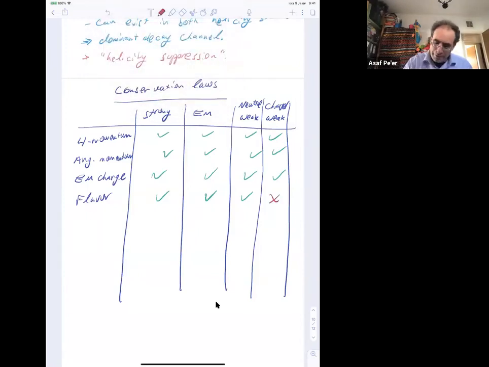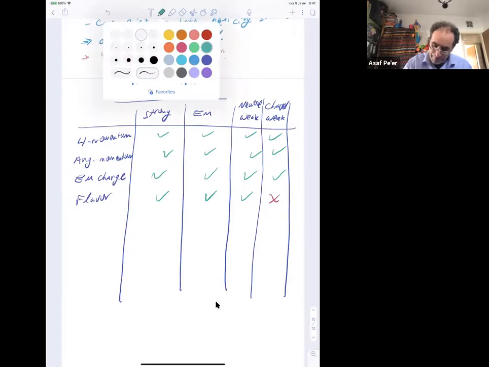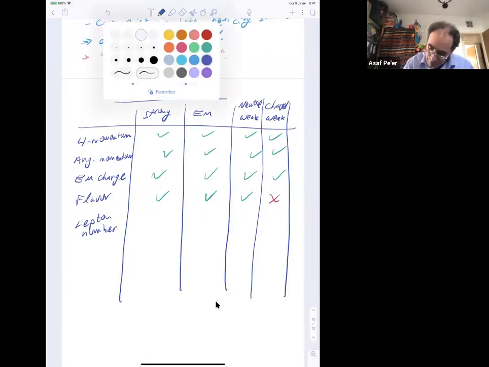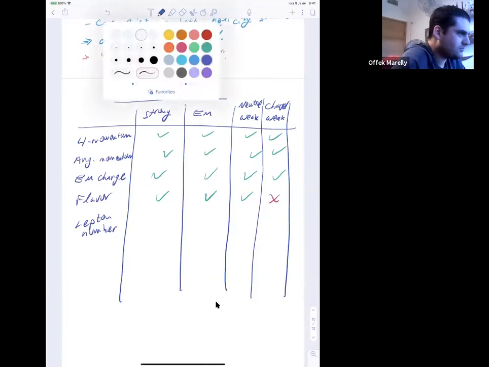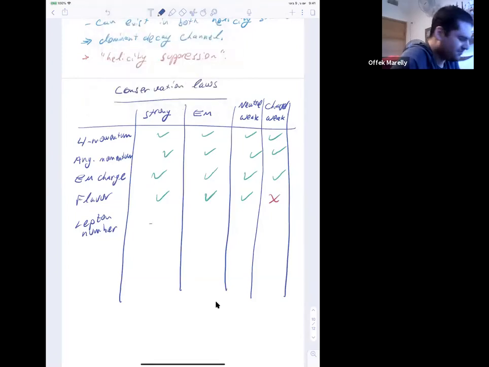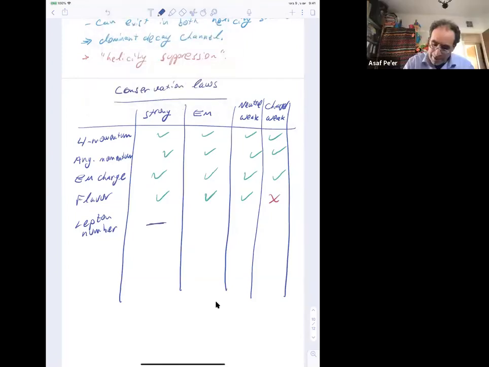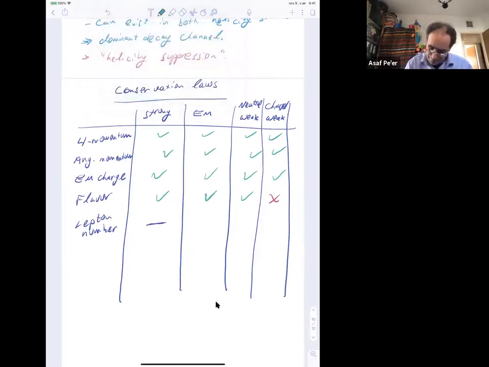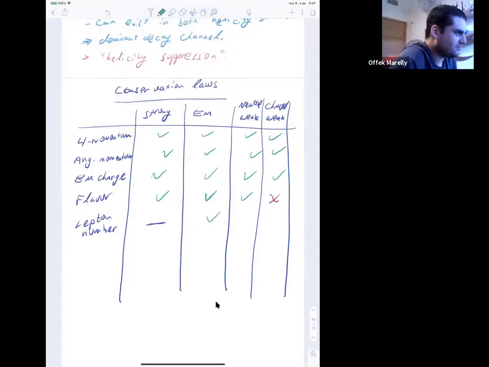What about the lepton number? What about the strong interaction? No, it's not relevant to the strong interaction. Electromagnetic one? Yes, conserved leptonic number.